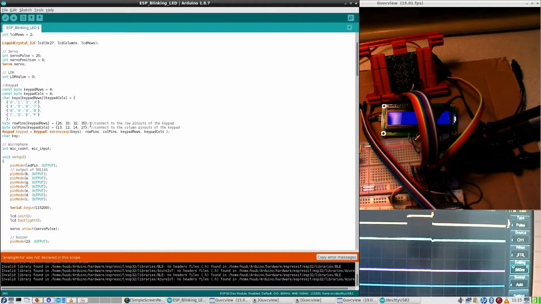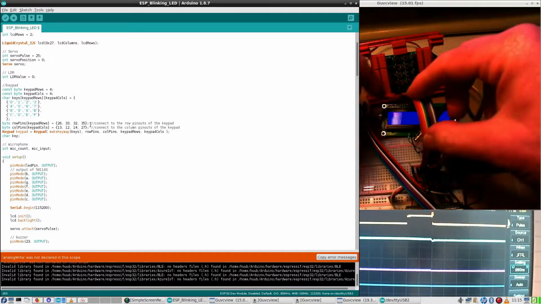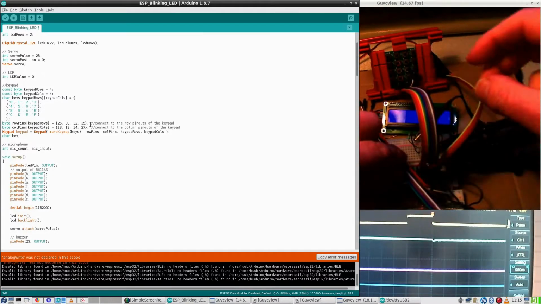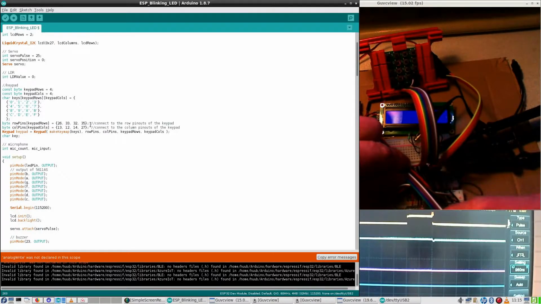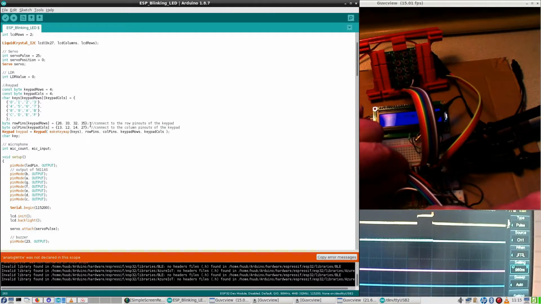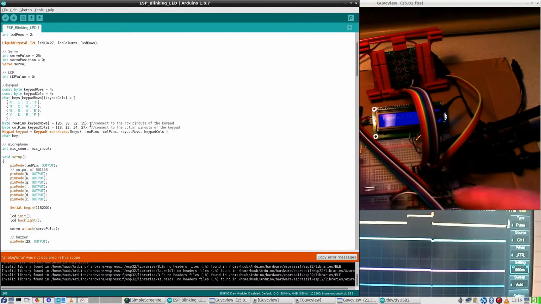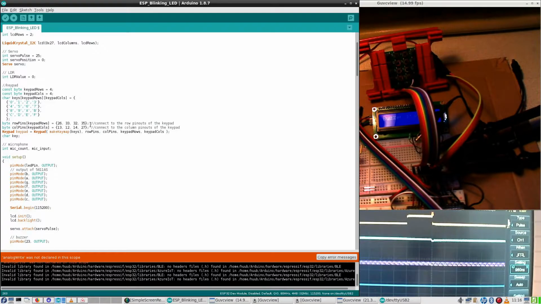It is column 13, 12, 14 and 27. And that's not 14, 12 and 13. Oh, and 27. Yes, so that is correct. Columns are defined like that.